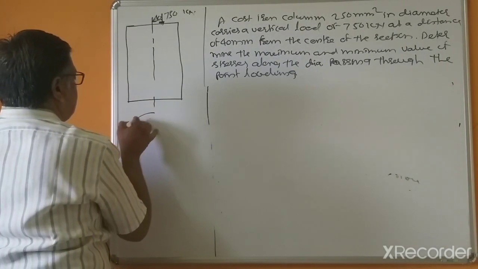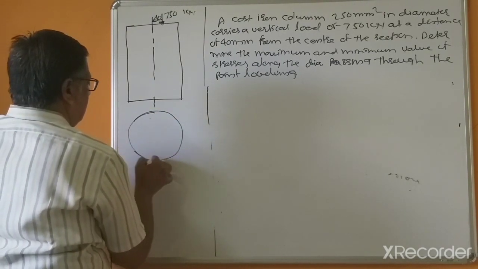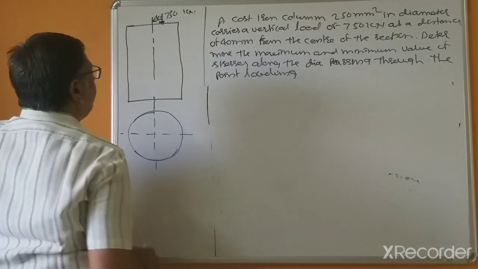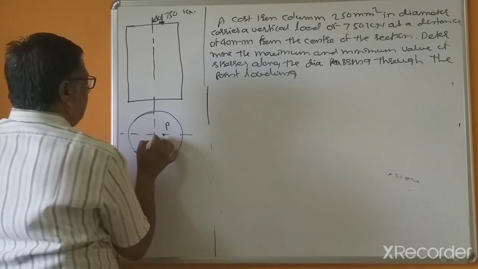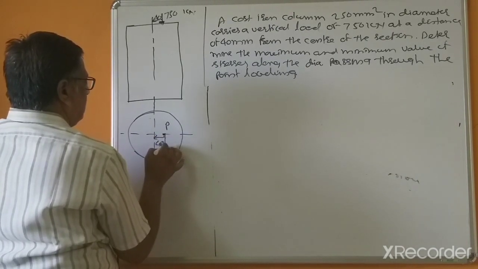And the section, this is circular section. Suppose this load point P, this is 40 mm.